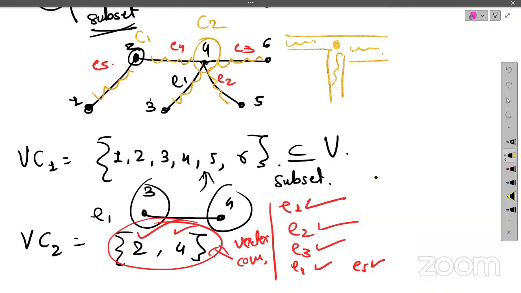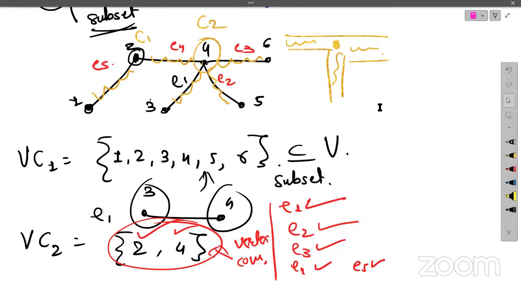Similarly, we have to find out the proper number of places or intersections of corridors where we can put the CCTV cameras. So here, if you put one CCTV camera at vertex number 2, you will cover these two corridors. If you put one camera on vertex number 4, you will cover the rest of the corridors. Okay, so such kinds of subsets are known to be vertex covers. Is that clear?